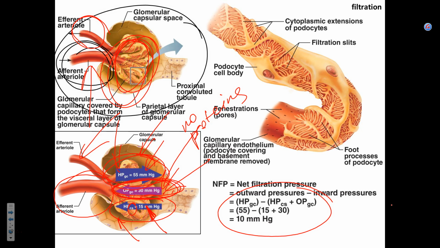Your blood pressure goes up. Which pressure is going to increase? The first row, the hydrostatic pressure in the capillaries. How is it going to affect filtrate formation? Yes, you're going to form more filtrate.